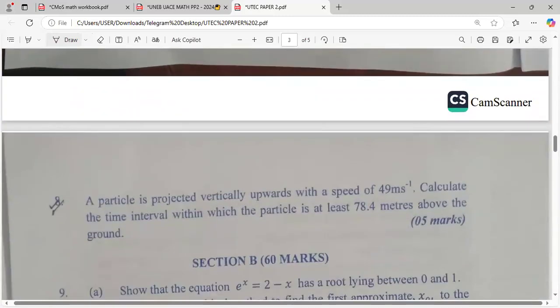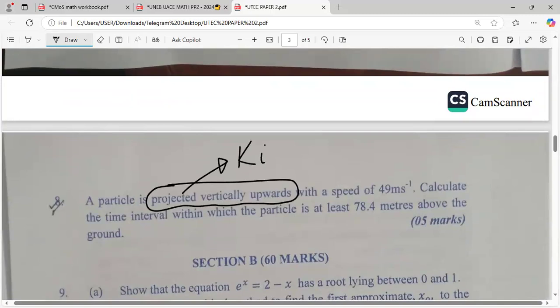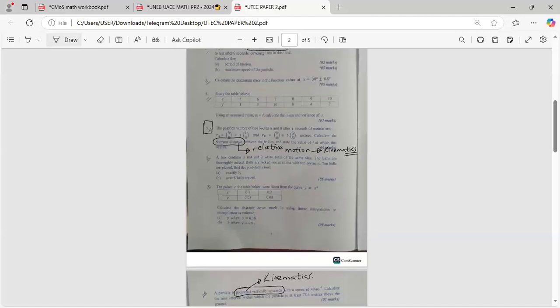What next? They are saying a particle is projected vertically upwards. This is still kinematics. That's what I told you, that for these mock papers, you can have a glitch. Now realize in section A, they didn't set anything concerning statics. But remember, your papers are moderated.